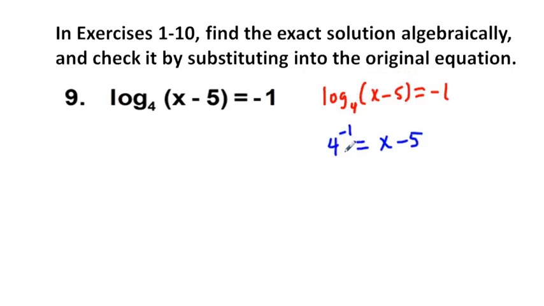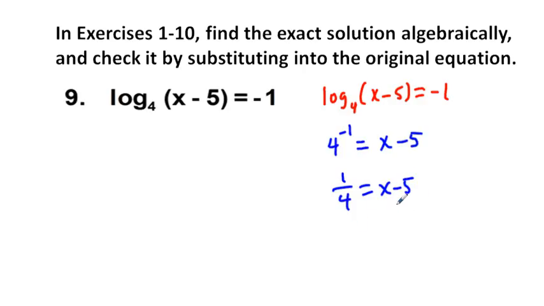Okay, now 4 to the negative 1 power is the same as 1 over 4 to the 1 power, or 1 over 4, and that's going to be equal to x minus 5. And so to solve for x, we add 5 to both sides of the equation.